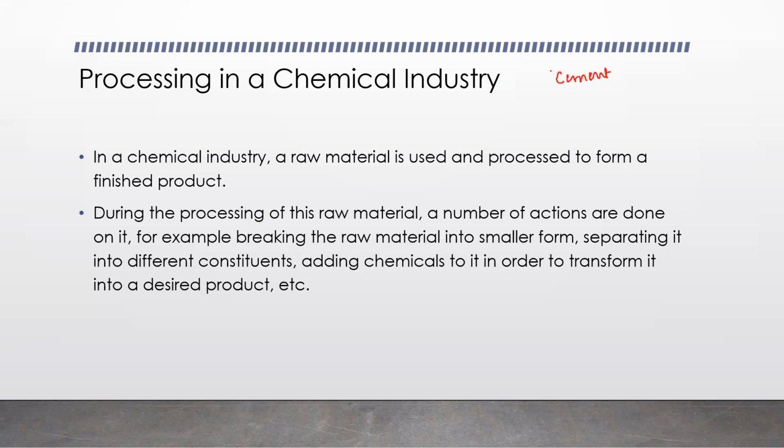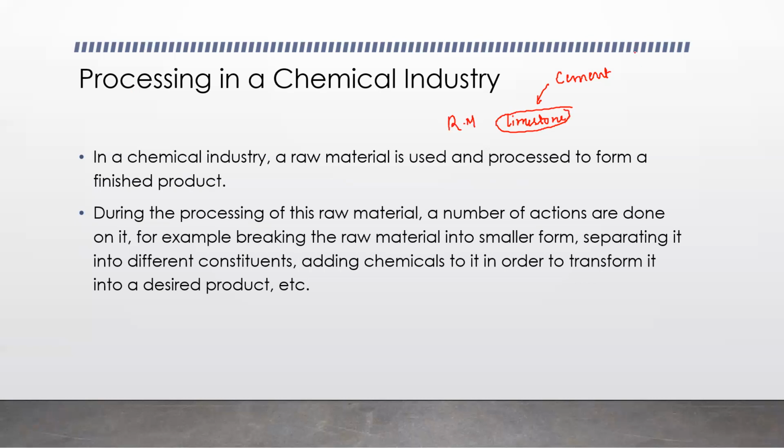In cement manufacturing, chemical engineering plays a very important role, and all the chemical principles that are taught are used in it. Cement is basically produced using limestone. Limestone is the raw material.